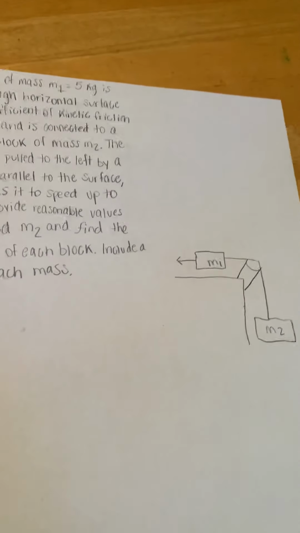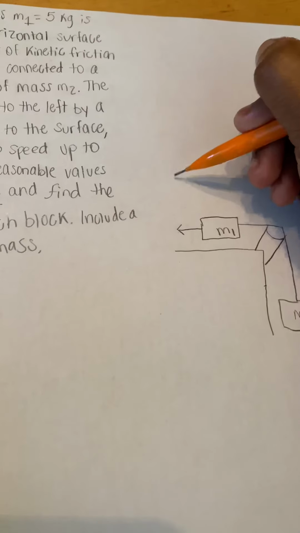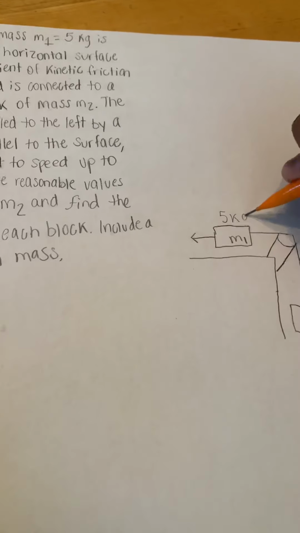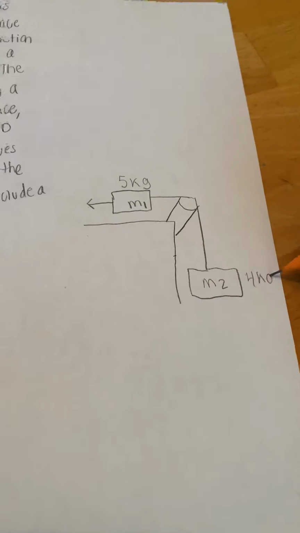Okay, so for M1, the free body diagram, you first want to start with the masses of each. For M1, this is 5 kg, and I just made this up, and M2 is going to be 4 kg.